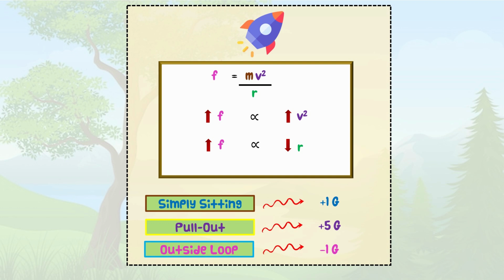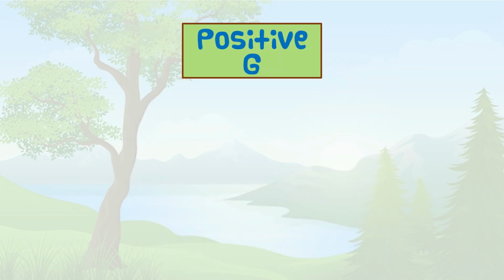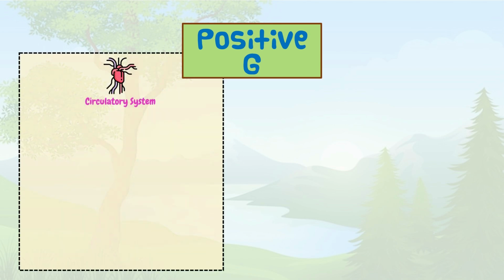Now, moving towards effects of centrifugal acceleratory force on the body in case of positive g. Firstly, let's discuss effects on the circulatory system. The most important effect of centrifugal acceleration is on the circulatory system, because blood is mobile and can be translocated by centrifugal forces.